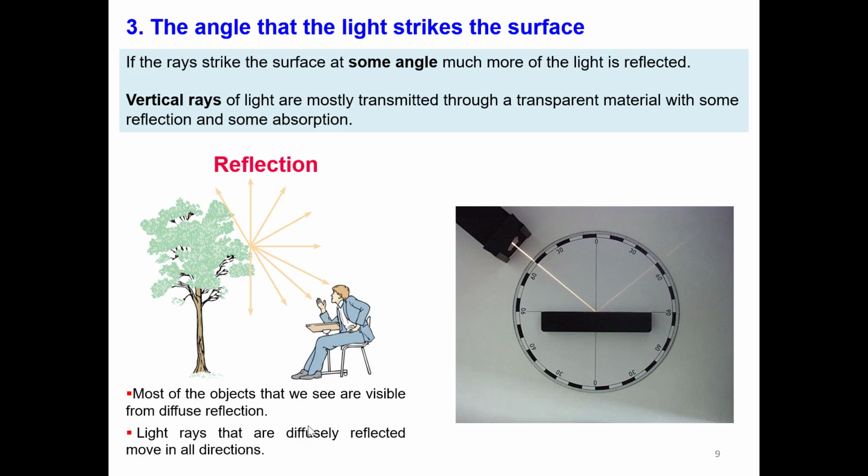In that case we have diffuse reflection. In other words, the objects that are visible to us are visible due to diffuse reflection.